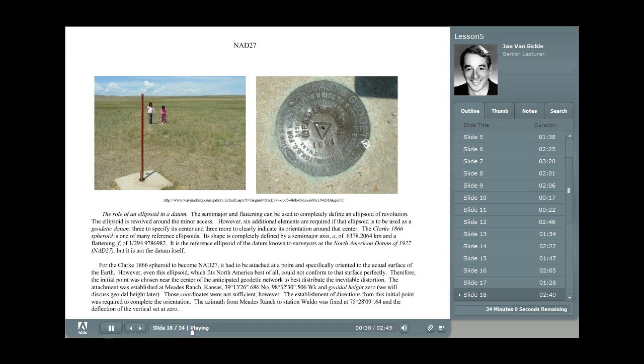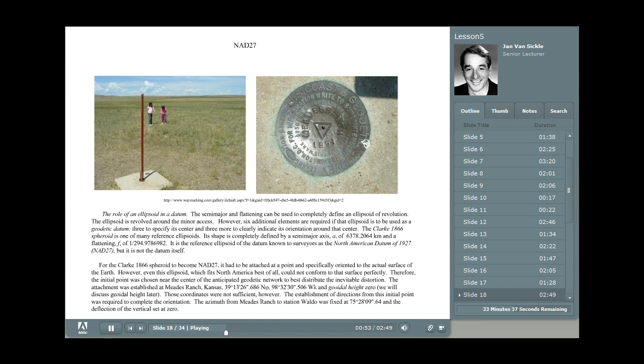Now, the semi-major and flattening can be used to completely define an ellipsoid of revolution. That's an ellipsoid revolved around its minor axis, that north-south axis. But you need 6 additional elements if that ellipsoid is to be used as a geodetic datum. 3 to specify its center, 3 more to indicate its orientation at that center.